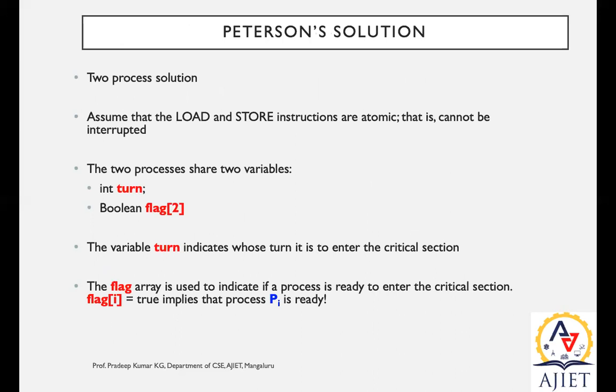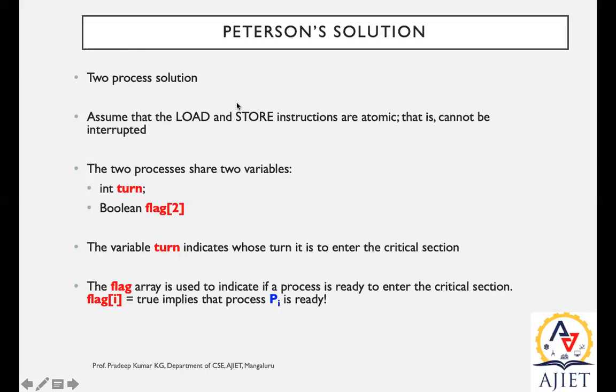So we have a solution using software. It is a two process solution, that is, executing in the critical section is a two process solution. Load and store, in general, are different instructions. Load means data is loaded from the memory. Store means data is stored in the memory.